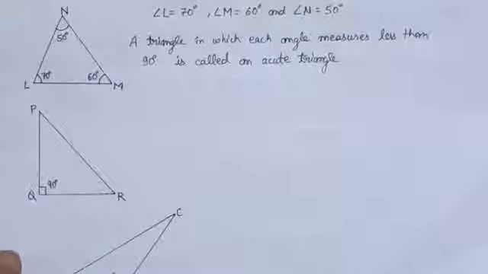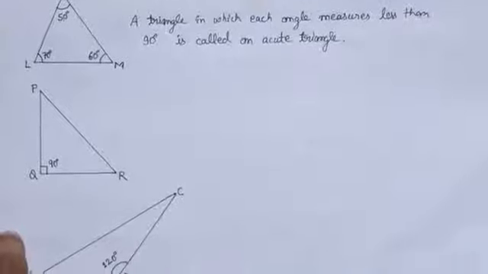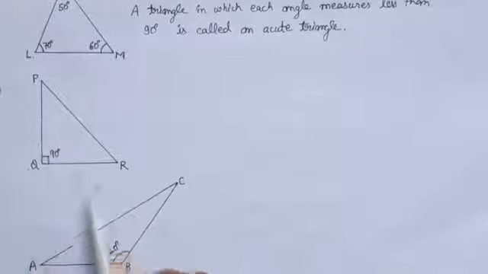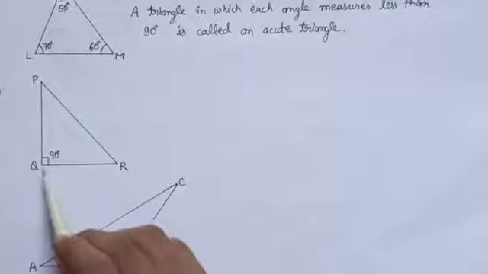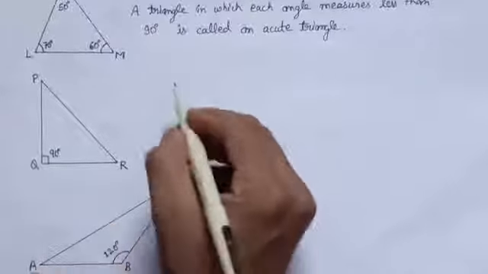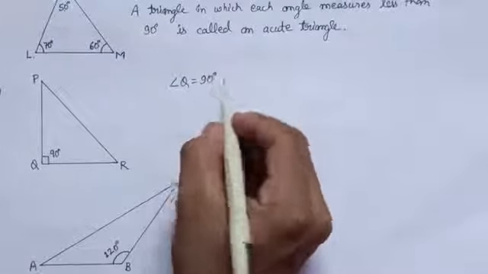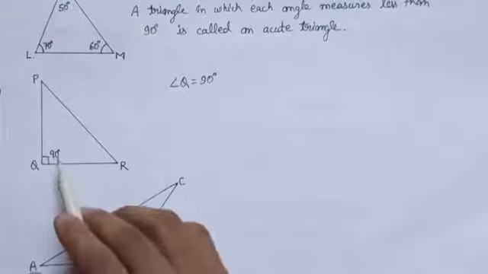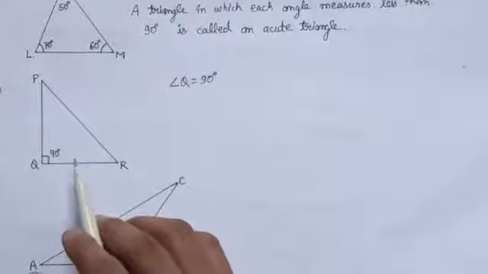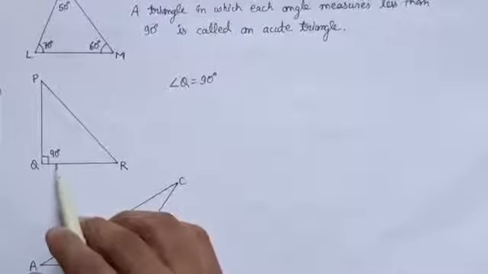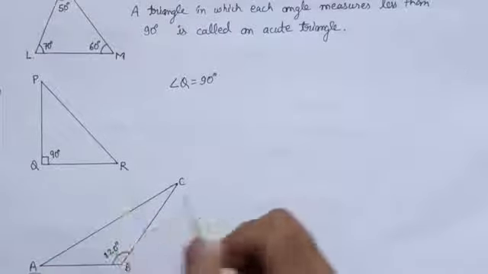Now let us see the second type. In this figure you can see that PQR is a triangle in which angle Q measures 90 degrees. Such a triangle is known as a right triangle. A triangle in which one of the angles measures 90 degrees is known as a right triangle.